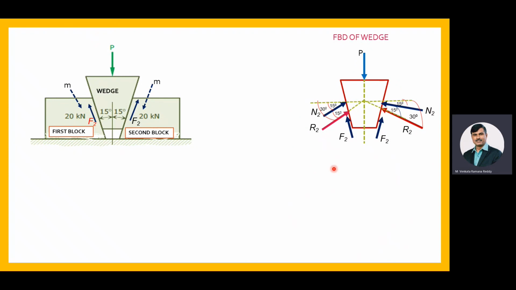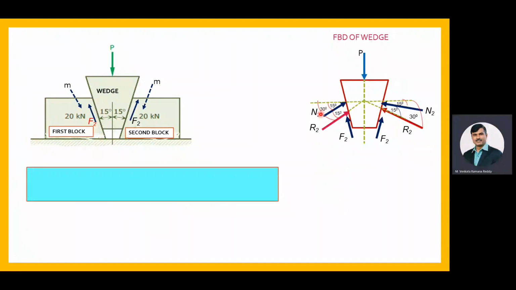Now we will resolve the resultant force R2 into horizontal component as well as vertical component. Make a note, the normal reaction exerted by the block on the wedge is N2, which is perpendicular to this inclination line on the wedge.